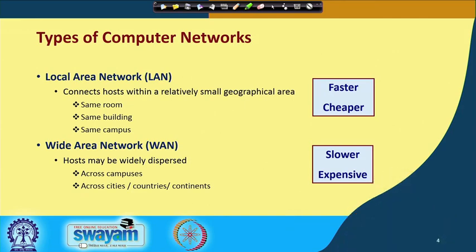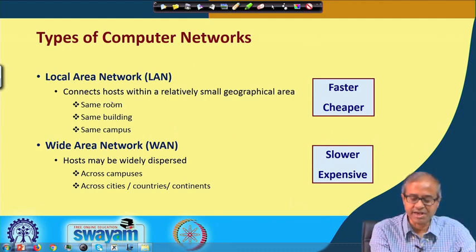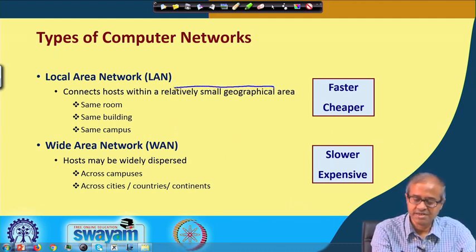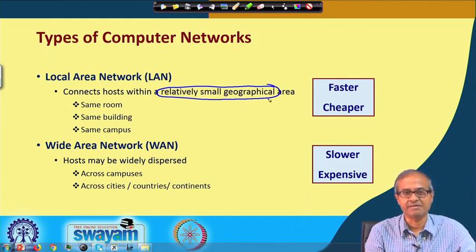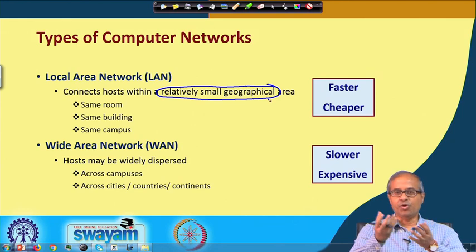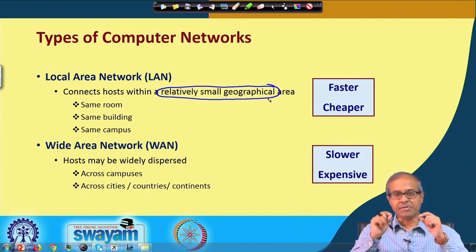Now, essentially local area networks, as the name implies, are used to connect hosts which are separated by a relatively small geographical area. Now, this relatively small is really a relative term. It can be in the same room, in the same building, or maybe within the same campus. Whether or not it is a local area network depends upon the technology that is being used.